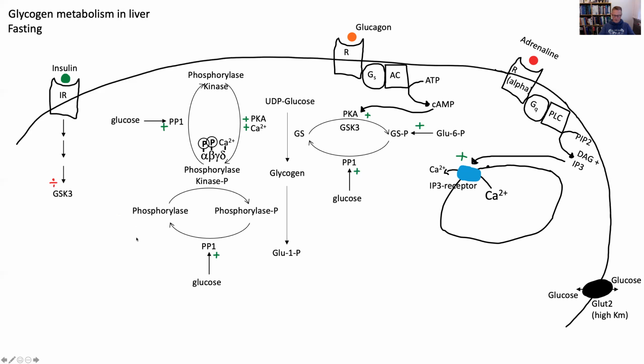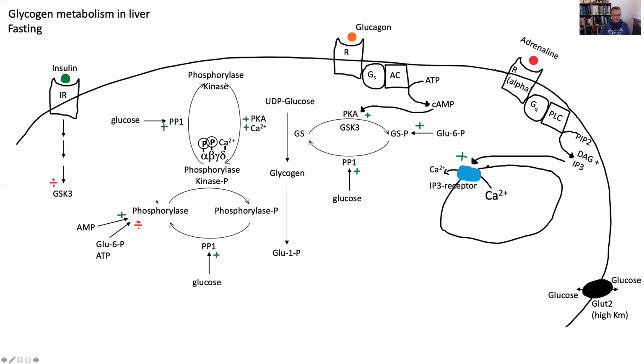Interestingly, glucose 6-phosphate can also inhibit phosphorylase, which obviously also makes good sense, because if we increase the level of glucose 6-phosphate, we are not interested in degrading glycogen further.